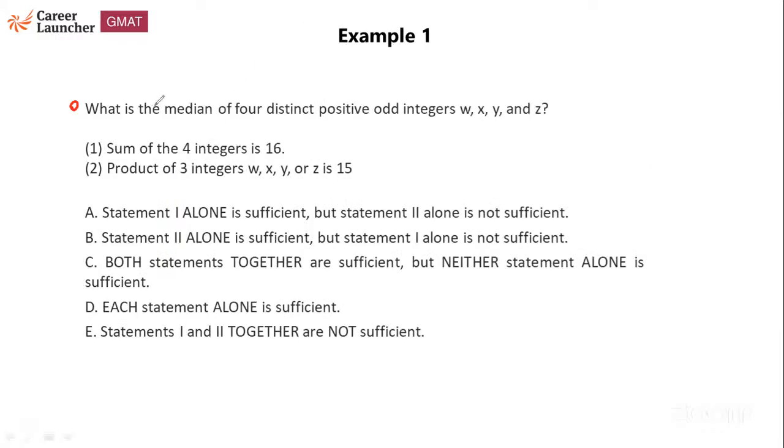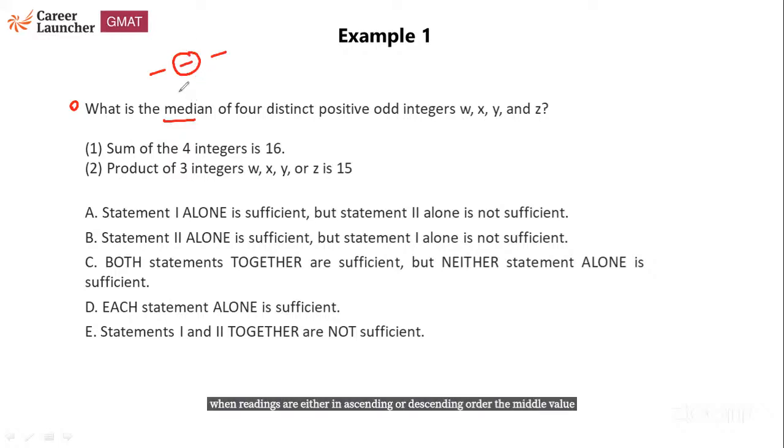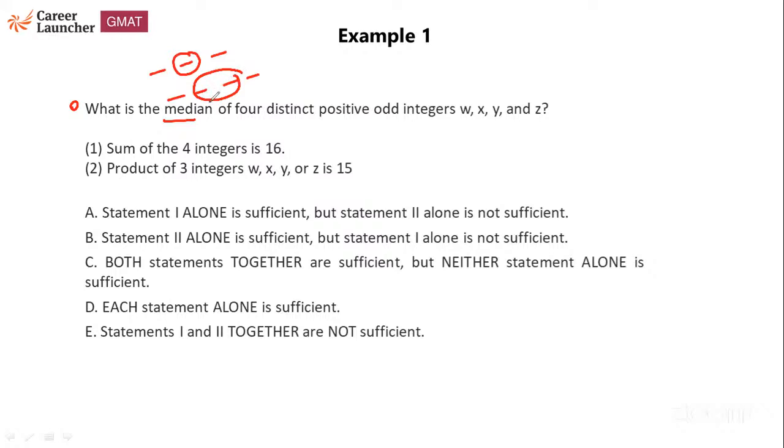It says, what is a median? Now what is median? Median is the middle value. When readings are arranged in order, let's say if 3 readings are there, when readings are either in ascending or descending order, the middle value is the median. If 4 readings are there, the average of the 2 middle readings, that is the median.